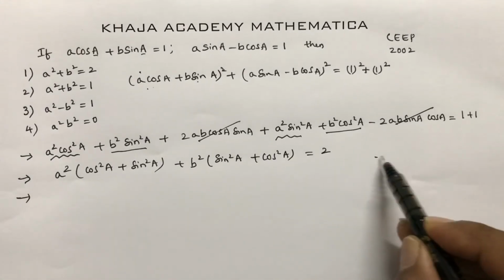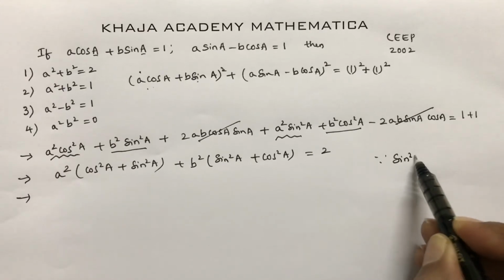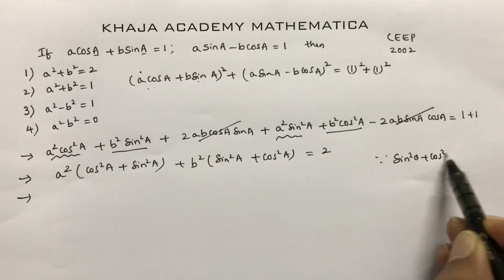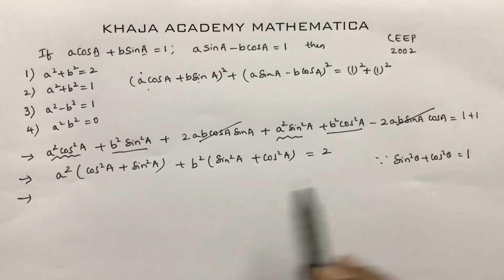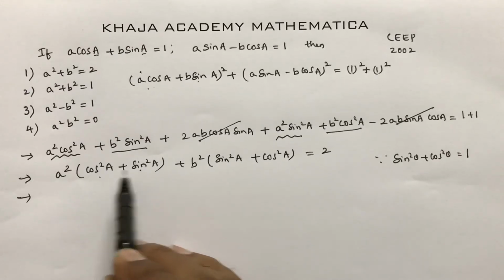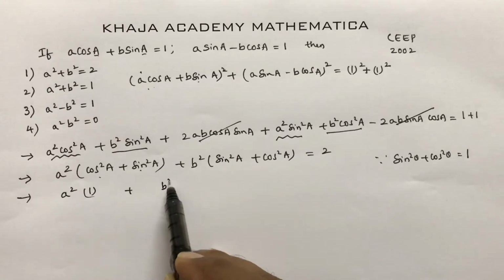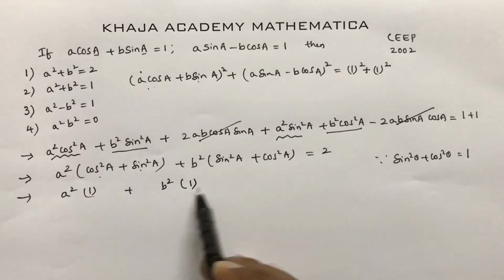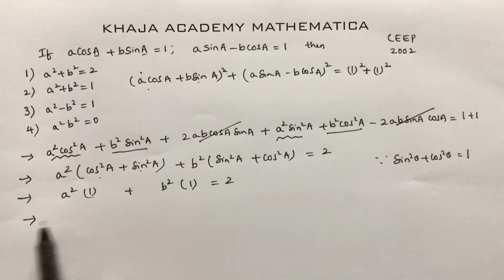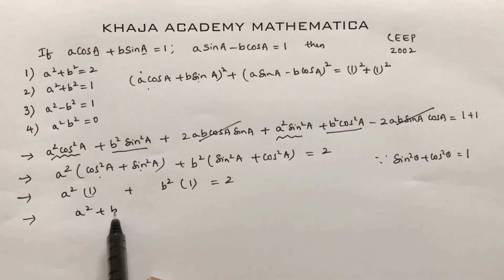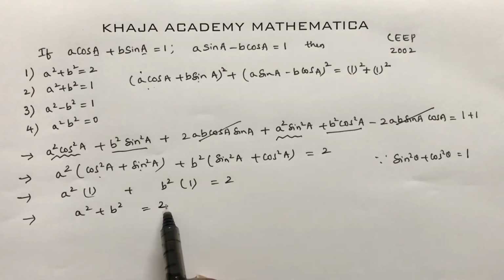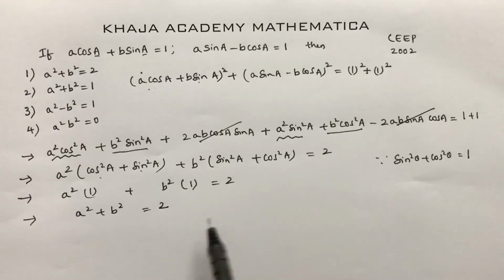Now we have the identity sin square theta plus cos square theta is 1. So here cos square a plus sin square a, its value is 1, plus b square, again sin square a plus cos square a is 1, equals 2. So the answer is a square plus b square equals 2. So here the correct option is 1.